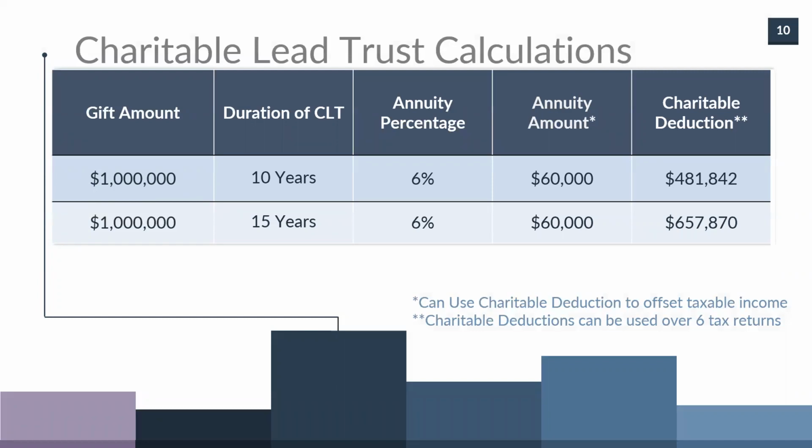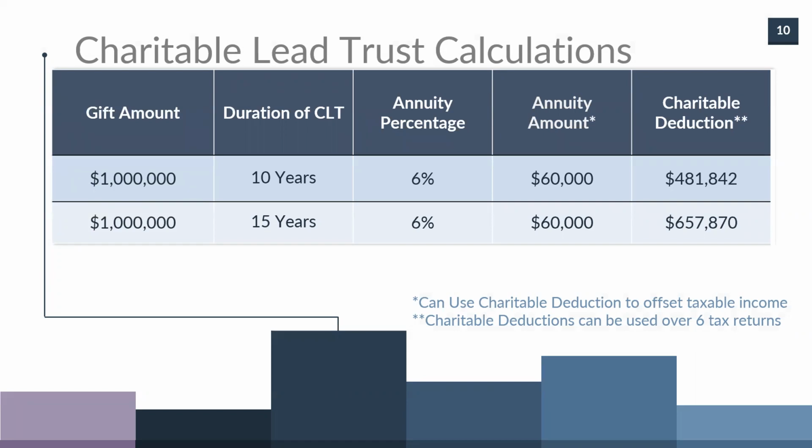They've created a $481,000 deduction, which is the present value, using the IRS's calculations, of those $600,000 in payments going to the charity over a 10-year period. But the client gets to write that off now. They get to use that tax deduction now, assuming high income tax reporting years.